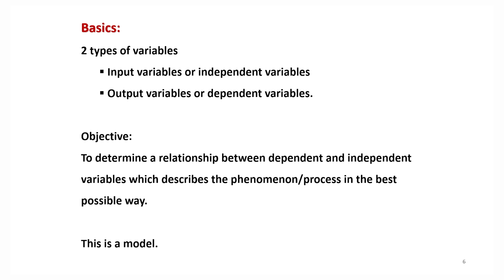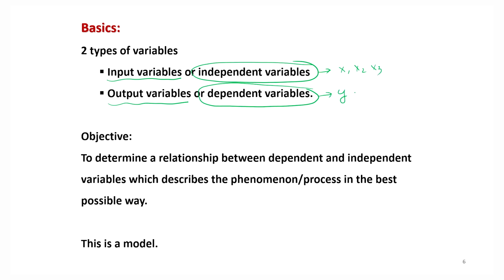Now in this setup you have seen that we have two types of variables. One are input variables and another are output variables. The input variables are also termed as independent variables, and the output variables are also called dependent variables. So, the independent variables here are x1, x2, x3, and the dependent variable here is y. So, y can be affected by x1, x2, x3, but x1, x2, x3 cannot be affected by y.